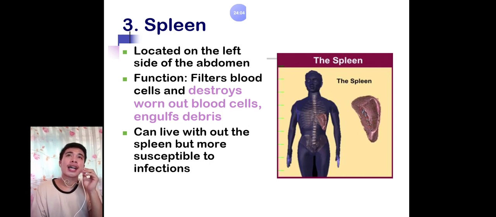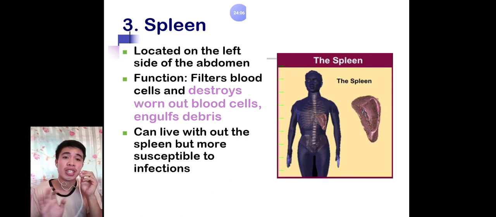Ang function sa spleen karon, which is nagasala sa atong mga blood cells, kaya pud buhaton sa atong liver. So instead of spleen, kung wala na tayo spleen, liver na ang mo take over sa iyang roles. So that's it. Pwede ta mabuhi without spleen, pero duol na ta sa mga sakit-sakit.